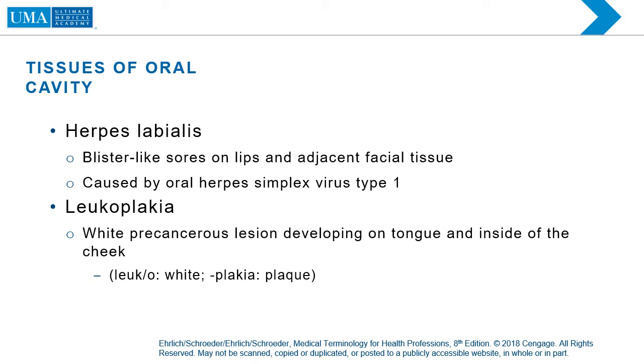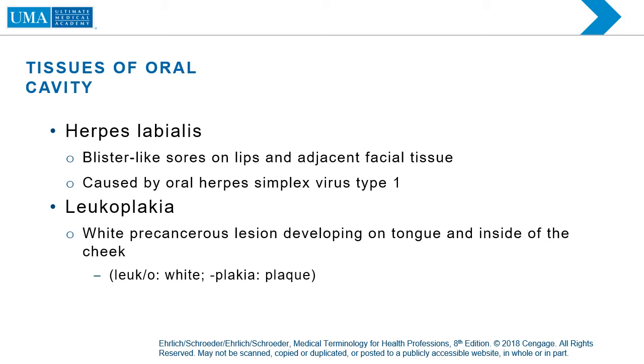Moving on to leukoplakia. Now here, from previous medical terminology, leuko means white in color, right? So that gives us a clue as to the definition of this word. Here, leukoplakia would be an abnormal white, usually benign sore that develops on the tongue or the inside of the cheek.